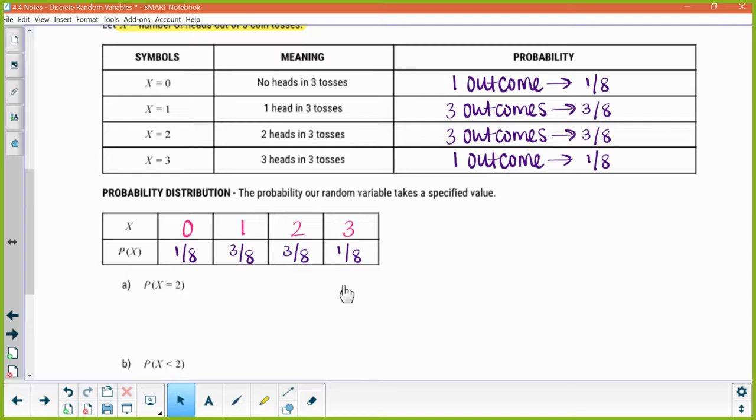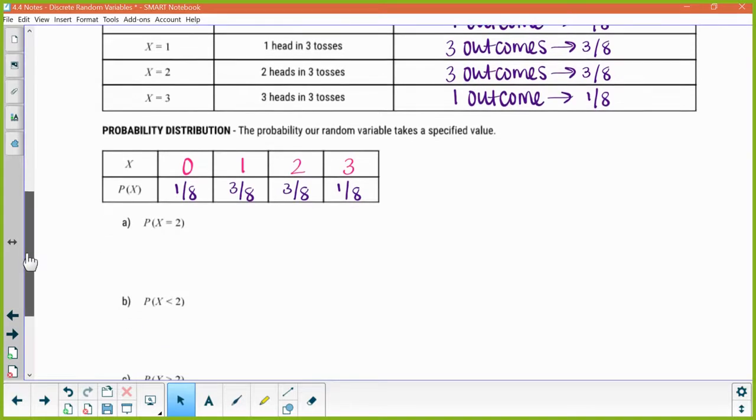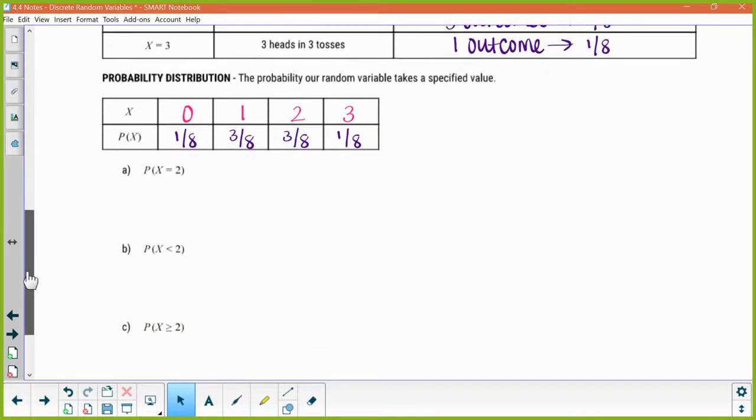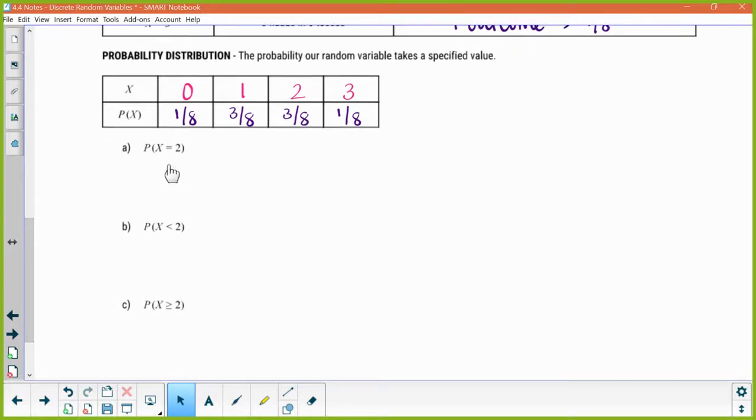So now what we're going to get into is how to identify probabilities of specific instances. So, what is the probability of me getting X is equal to 2? Well, that one's pretty easy. All I have to do is go to my table, go where it says 2, and that is 3/8. Then we want to find the probability that X is less than 2.